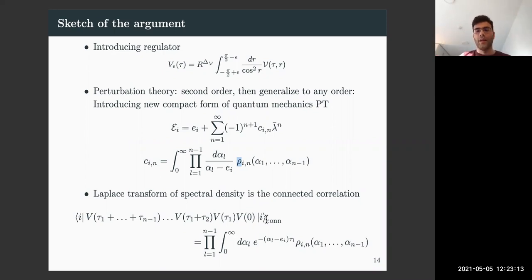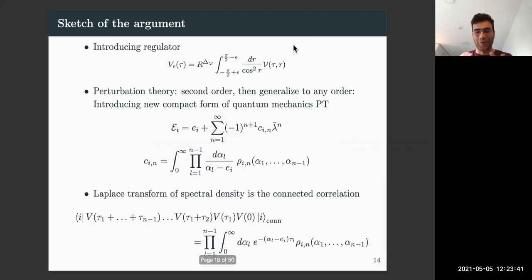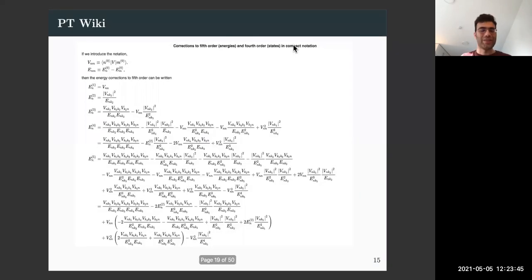These three formulas are the Rayleigh-Schrödinger quantum mechanics we know from textbooks. It's very compact and has all the orders here, while if you open Wikipedia, the expressions get bigger and bigger in higher orders. So we are very proud of this compact form of quantum mechanics perturbation theory that we introduced.